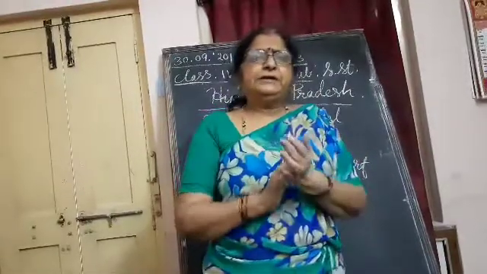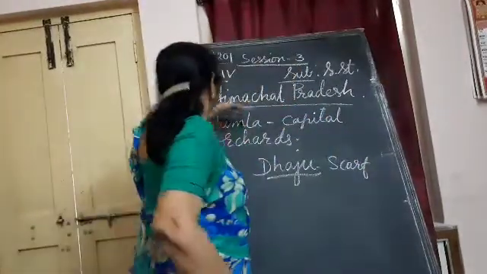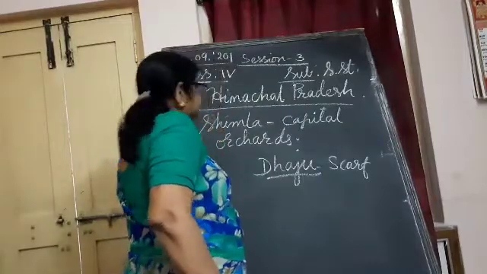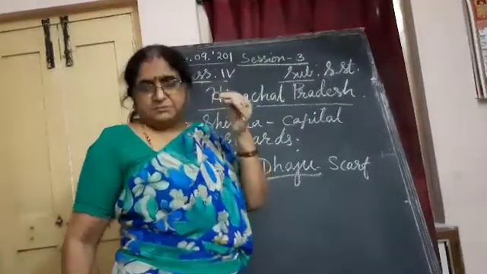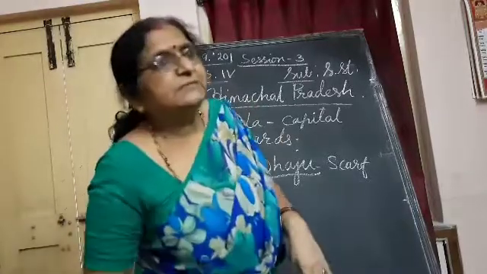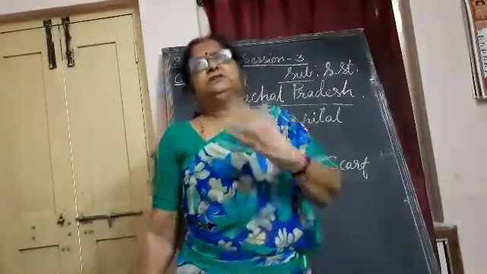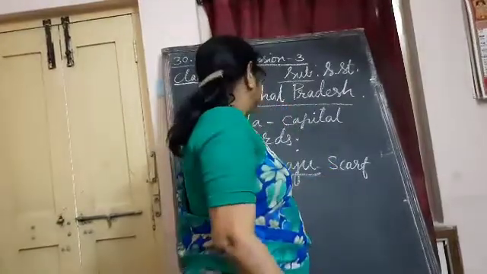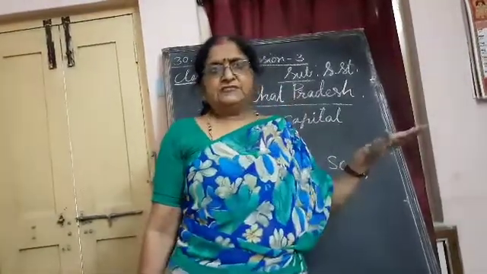Once again I repeat, Himachal Pradesh is to the bottom, to the western side of Jammu and Kashmir. Its capital is Shimla. It is famous for its orchards, fruit gardens, and people here speak Hindi language.